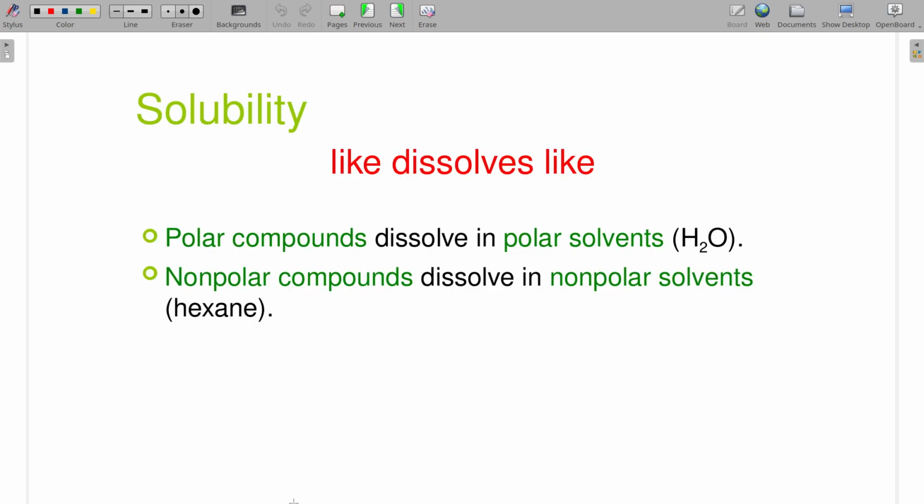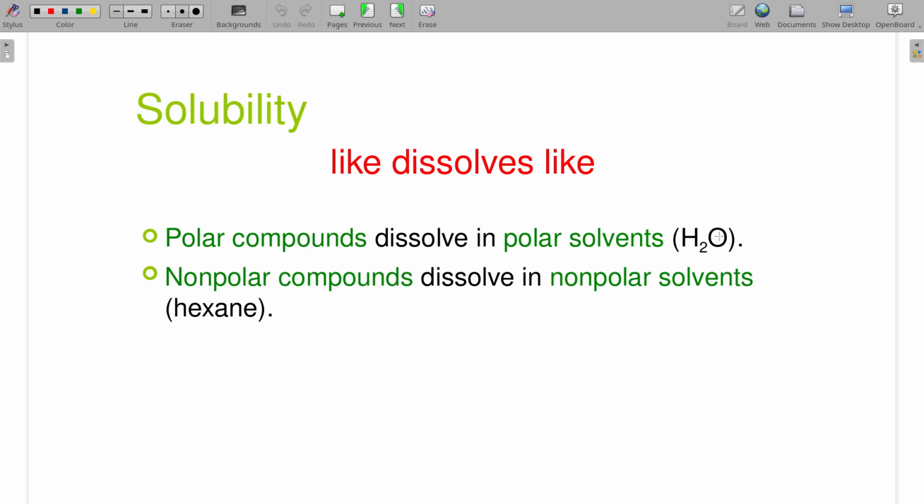All right, solubility. I've been alluding to this a lot, and we used to use this term like dissolves like, and that still applies. But I want you to view like dissolves like as not necessarily unique for an entire molecule, as in small molecules have very particular and very specific intermolecular forces. Water is totally dominated by hydrogen bonding.